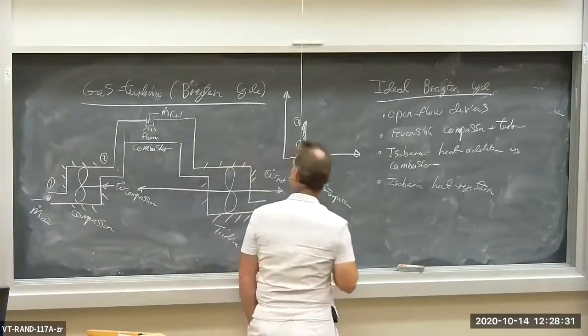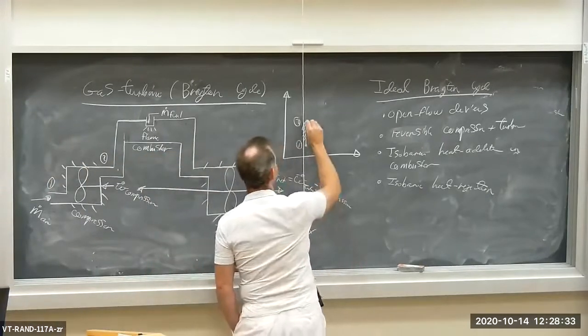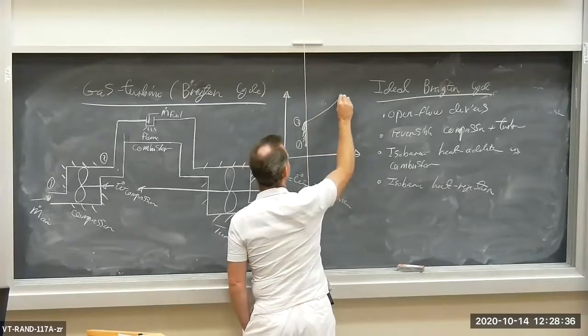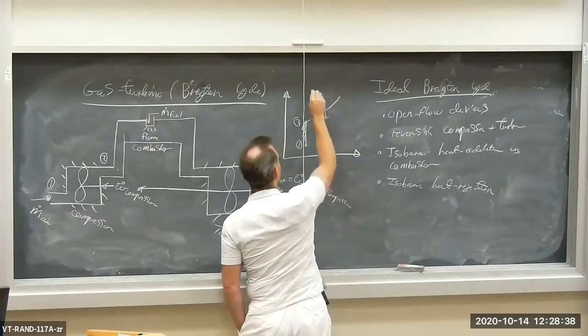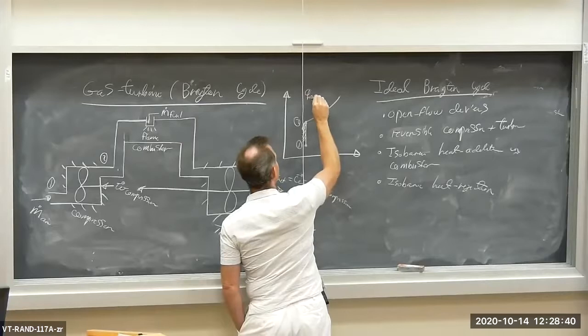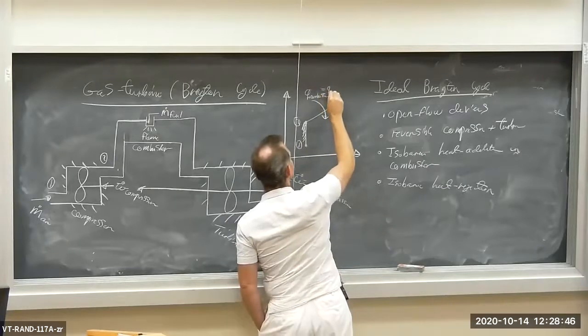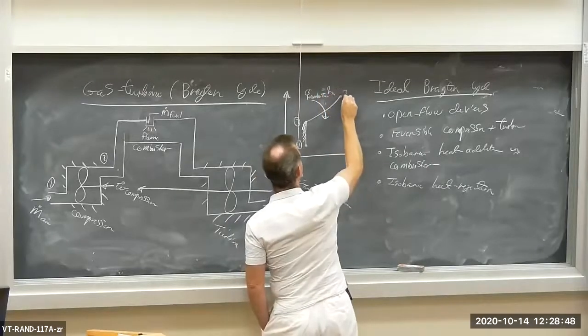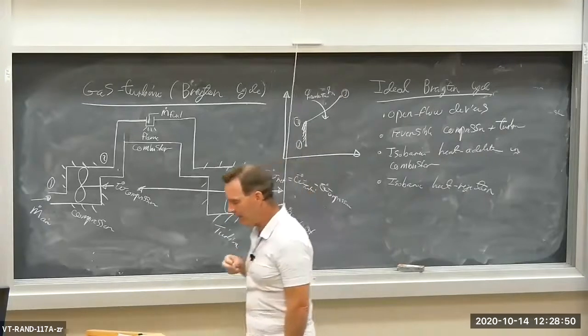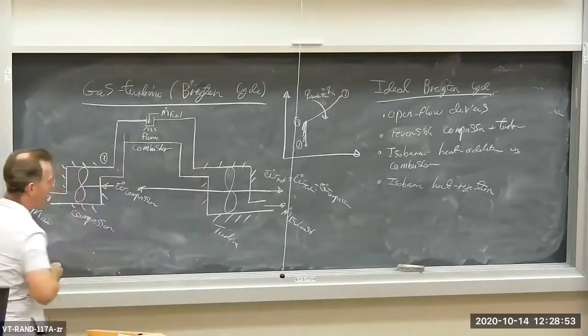And so we're modeling this as an isobaric heat addition process. So we have heat addition going on, Q inside the combustor. I'm calling it Q combustor. It's really Q in. Up to state 3. Heat addition up to state 3, and that's an isobaric process.